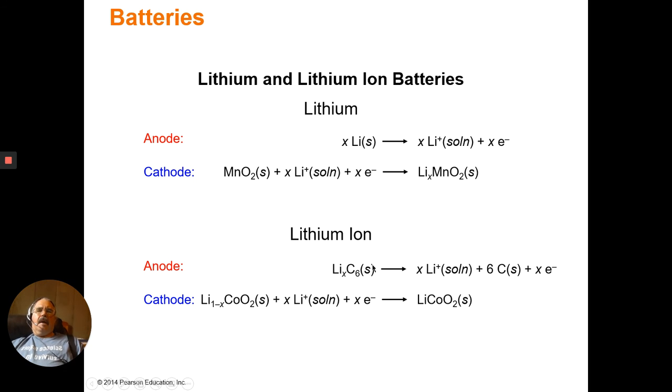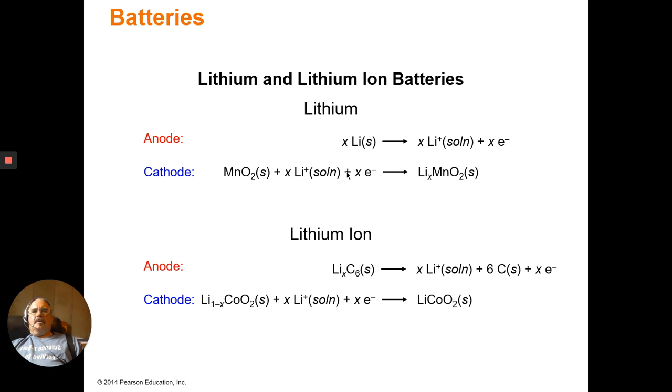Lithium and lithium-ion batteries are used in a variety of consumer electronics, such as cell phones, laptop computers, and even some smoke detectors use these batteries. The lithium battery was originally developed to power pacemakers.